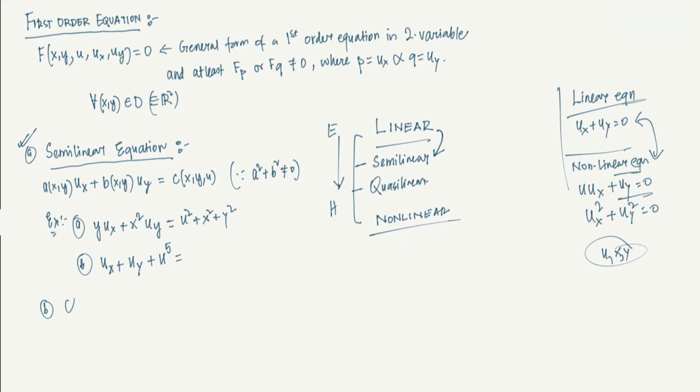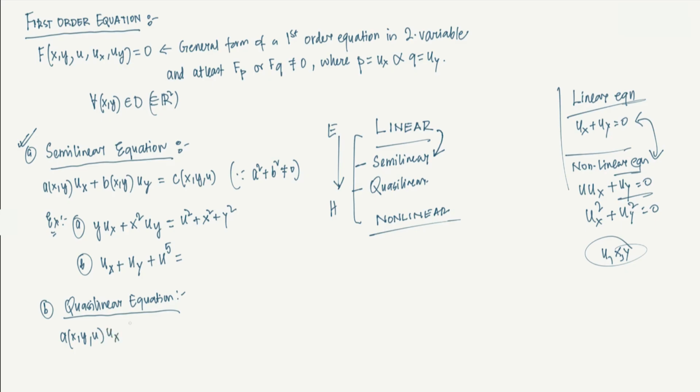Okay, so what is a quasi-linear equation? Let's just look at it. Basically, it will look very much like a semi-linear equation, except the fact that this a can be a function of u also. So a earlier was a function of x and y. Here it can be a function of u also.